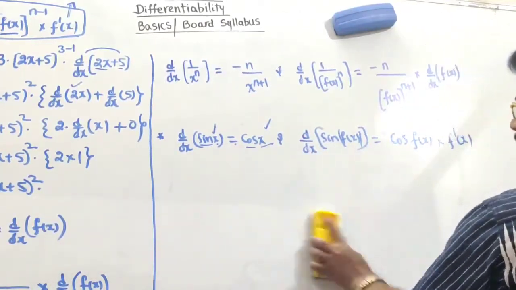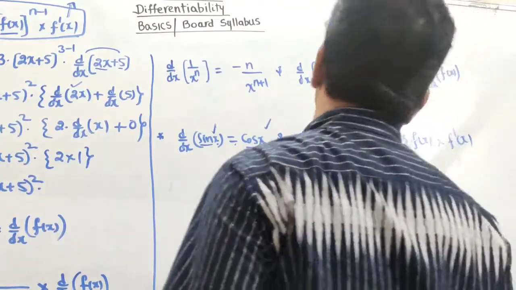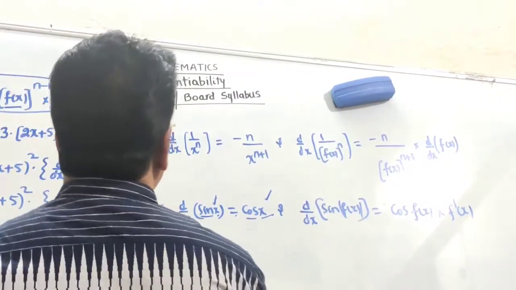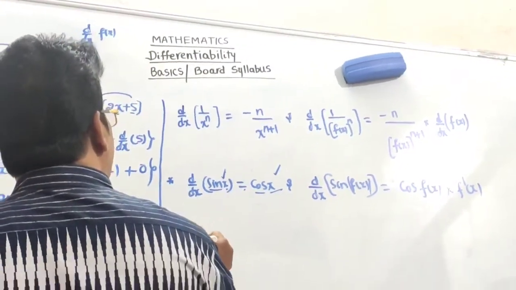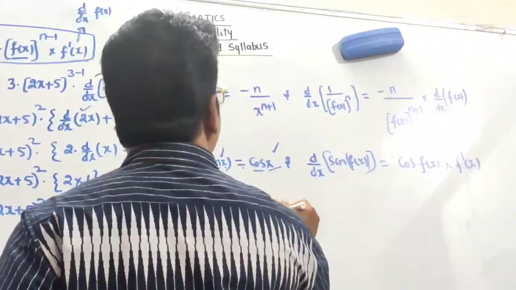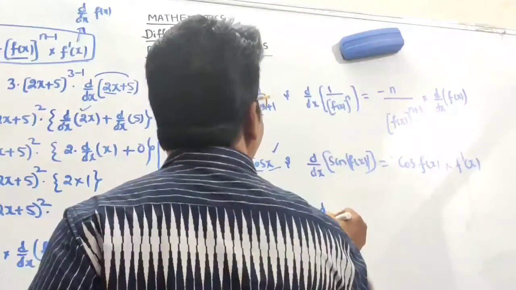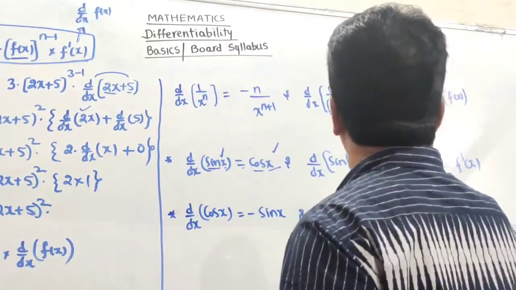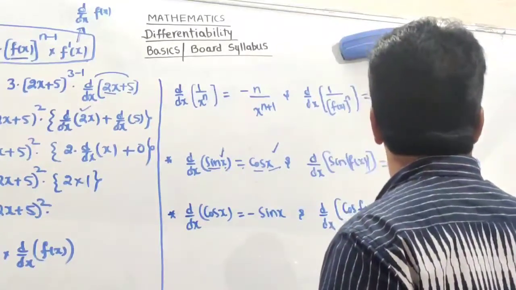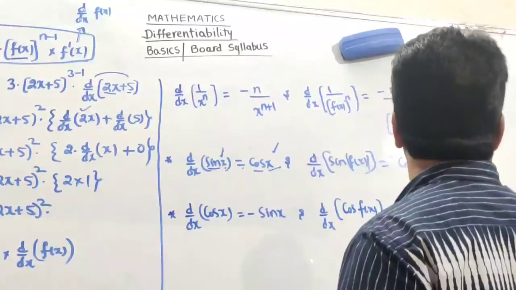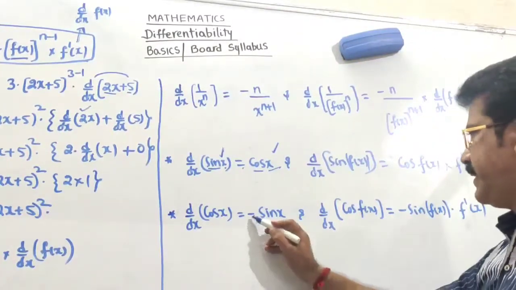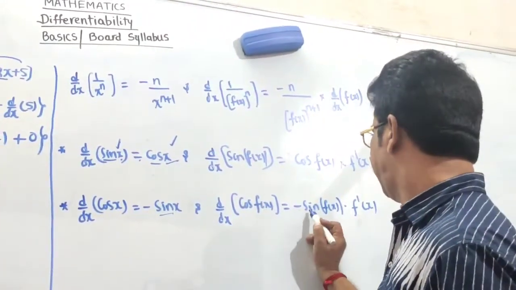In the same sense, we can write the derivatives of composite functions for all remaining trigonometric functions, namely d by dx of cos x is what? Minus sin x, and d by dx of cos of f of x is what? Minus sin of f of x into f dash of x, just like that. Same, minus same, sine same.